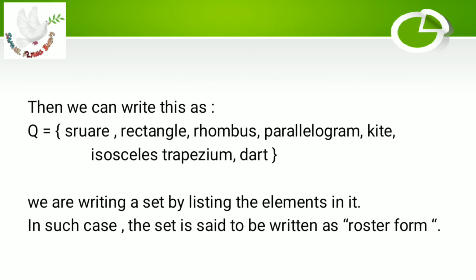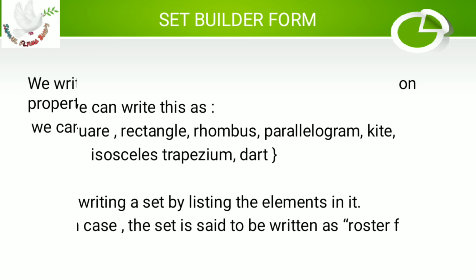We can write Q equal to, considering the set as capital Q, Q equal to {square, rectangle, rhombus, parallelogram, kite, isosceles trapezium, and so on}. We are writing a set by listing the elements in it. In such a case, the set is said to be in roster form.